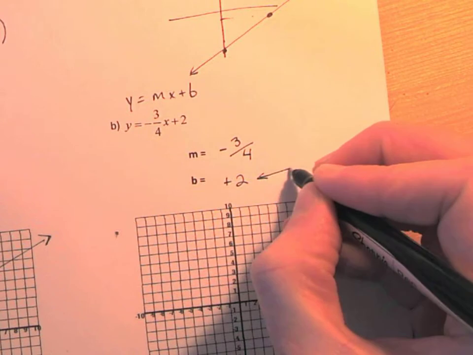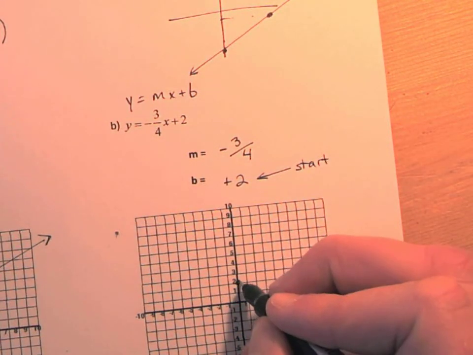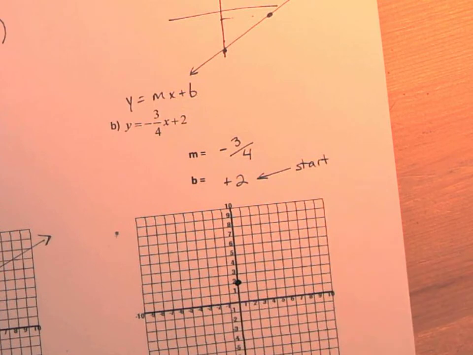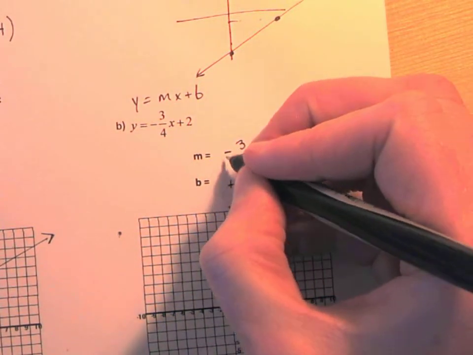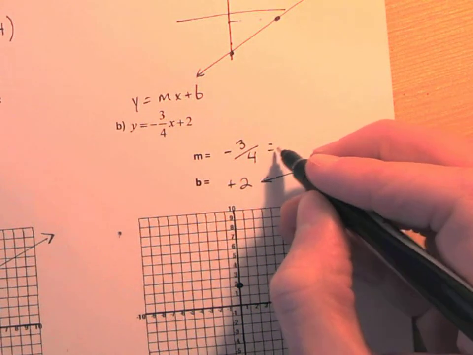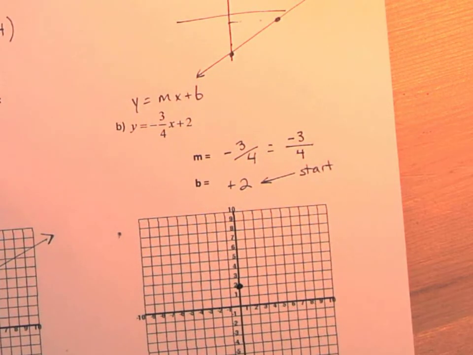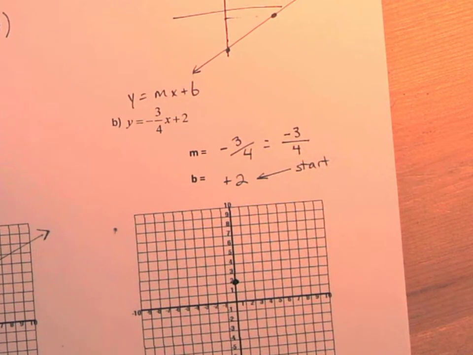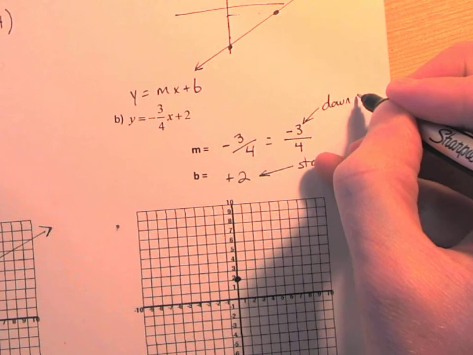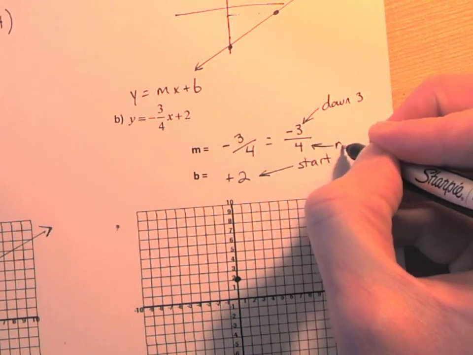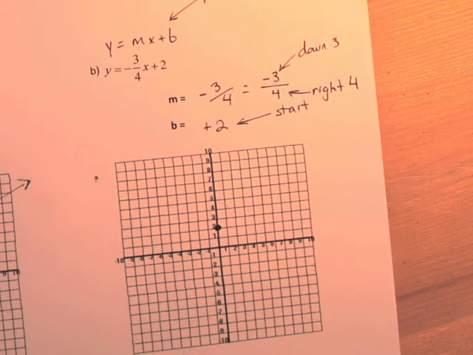Okay, we remember we start at our b value when we're trying to graph it. So our b value is positive 2, so it's up 2. And now we use that m value. So what I do when I have a negative is I always bring it with the top number, negative 3 over 4, over positive 4. So what that means is I go down 3 and right 4. Okay?